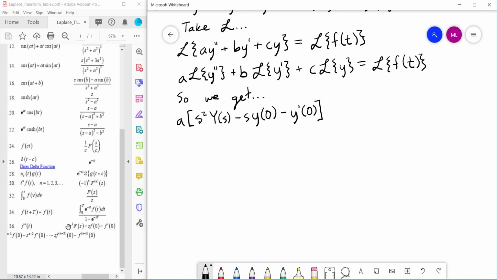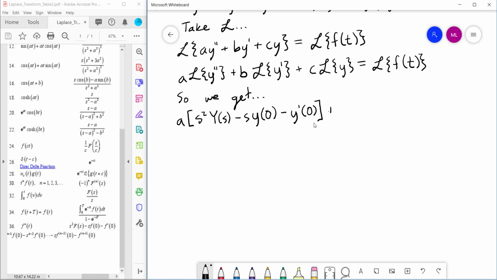So again, I'm basically copying this expression right here, replacing all of the f's with y's, because this is for f double prime, but we're doing y double prime. So here's what it looks like. And this is always what you do for y double prime. It will always transform to this expression right here.